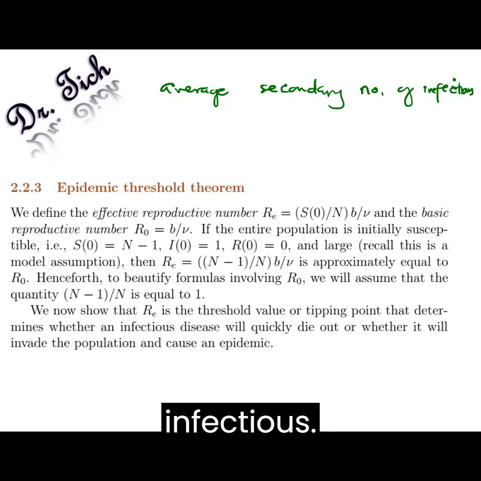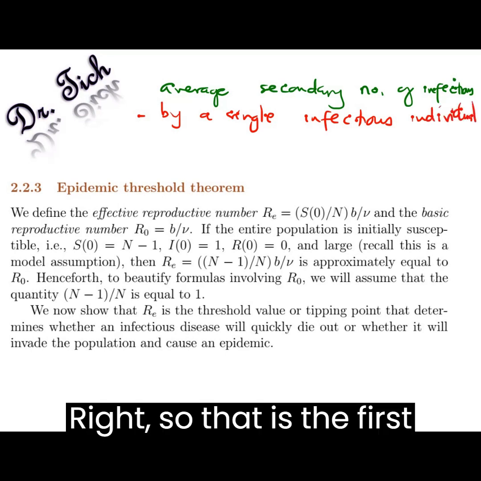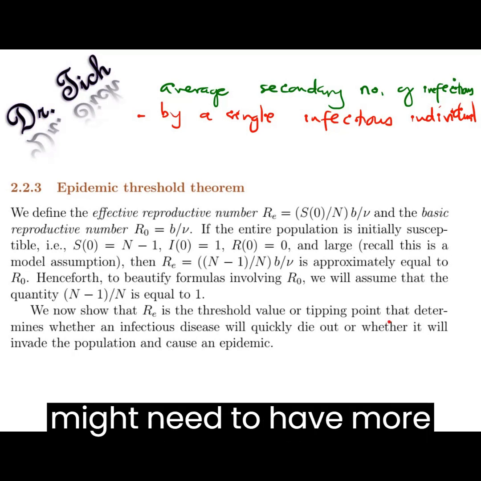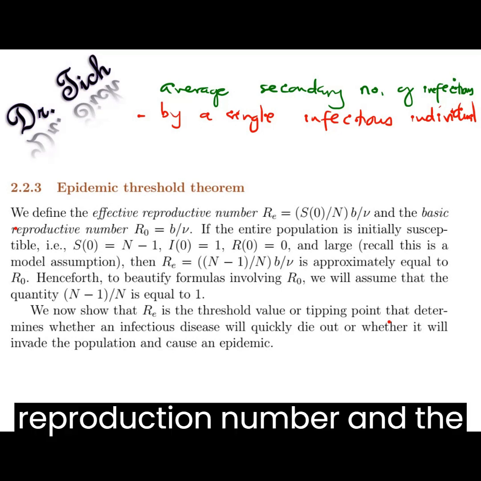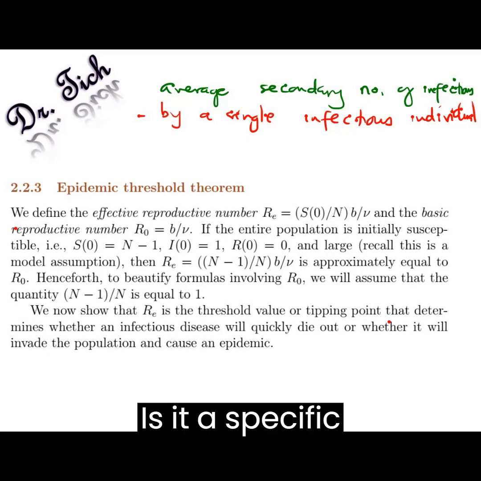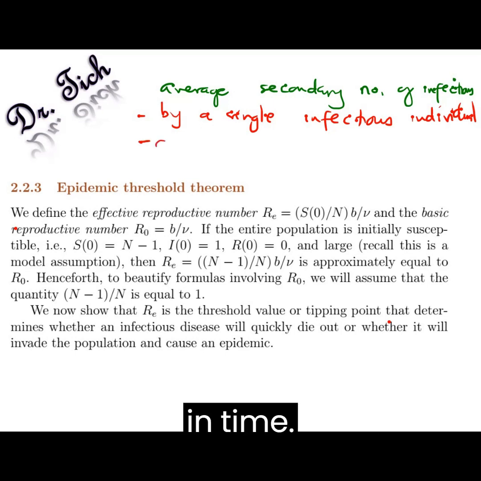So there is one person who is infectious, right? That is the first part. And we need more information concerning this idea of effective reproductive number, and the additional information is at a specific point in time.